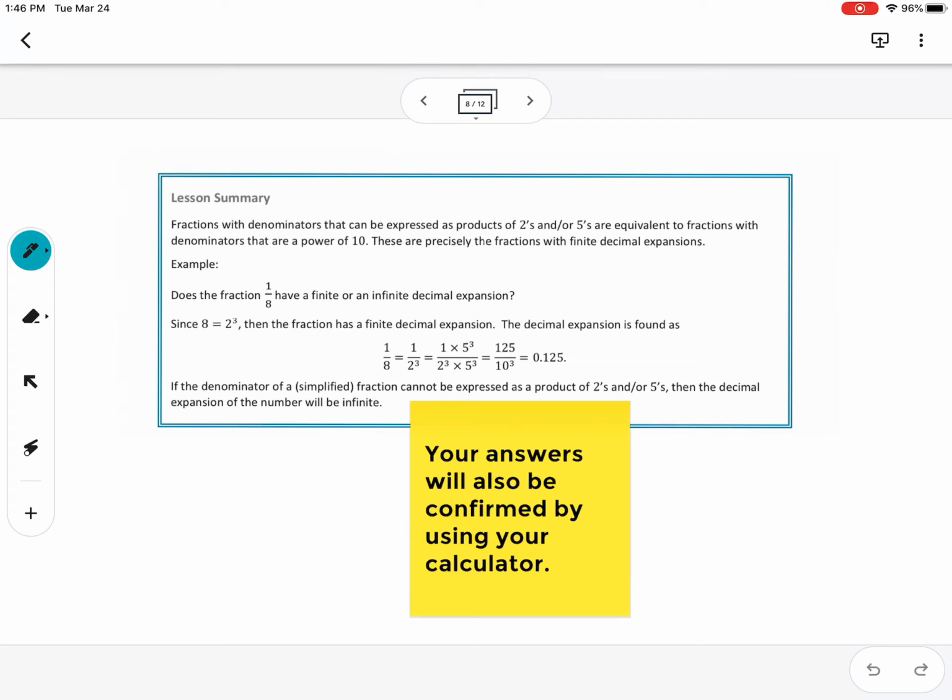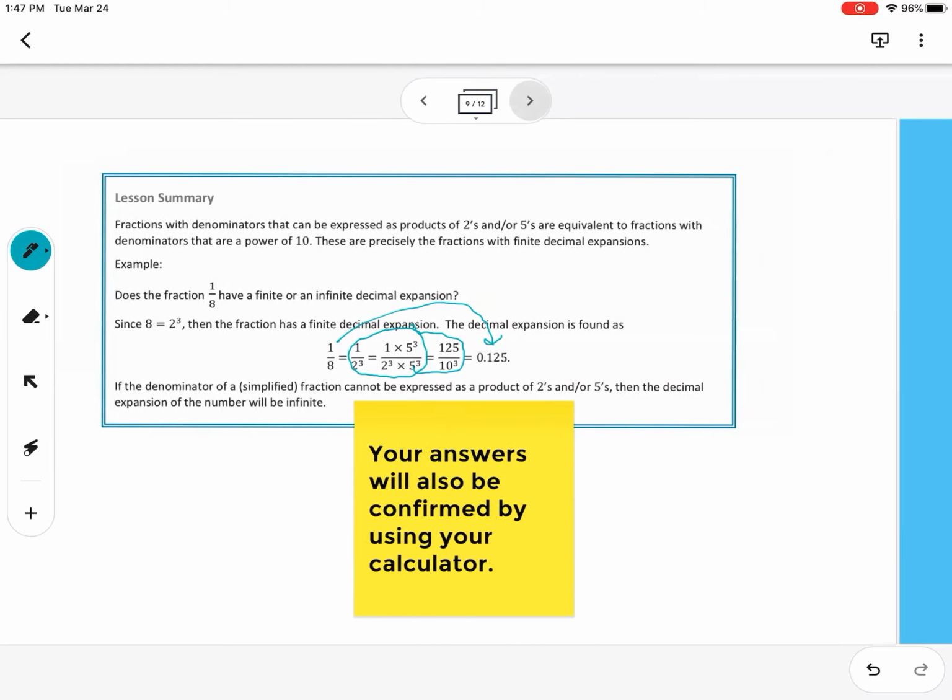So that's really our lesson. For this lesson summary, if you look at this page, don't worry so much about this middle section here. I feel like including this just confuses things too much. If you can do 1 divided by 8 in your calculator and get from here to your decimal answer, that's all I need you to be able to do. And then be able to determine if that is a repeating number that goes on forever, if it is infinite, or finite.